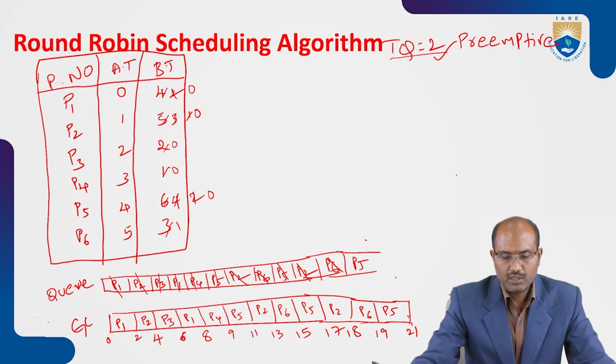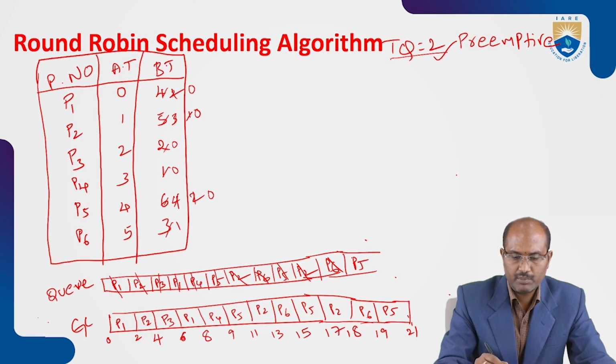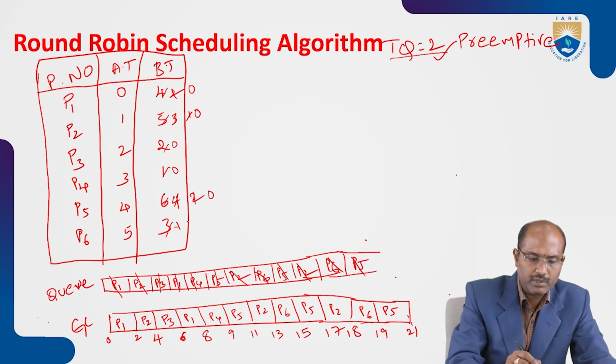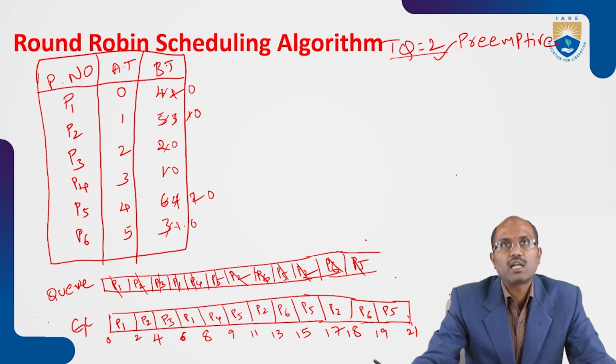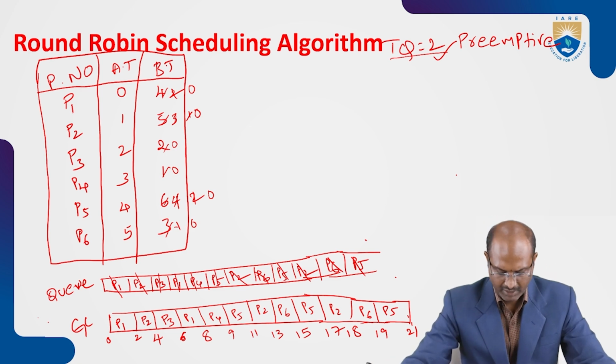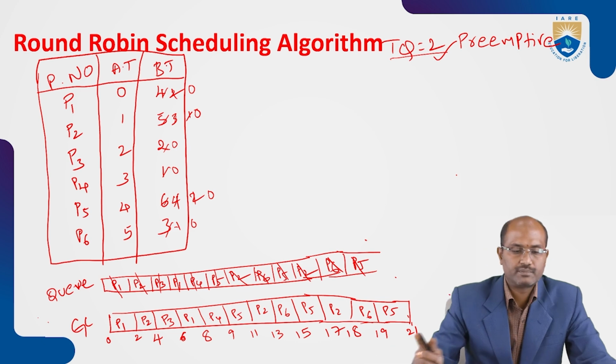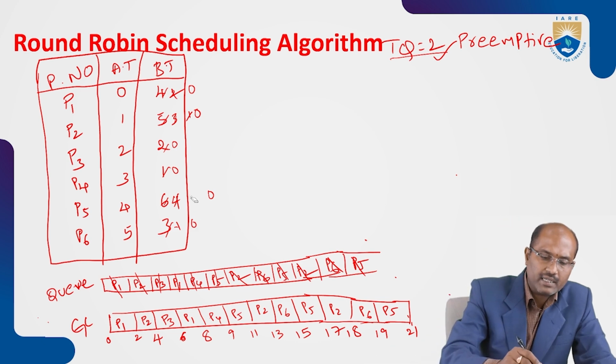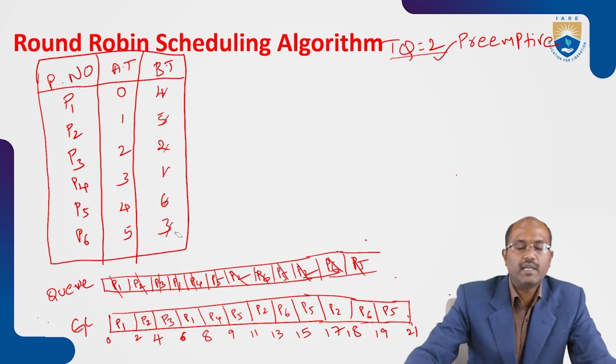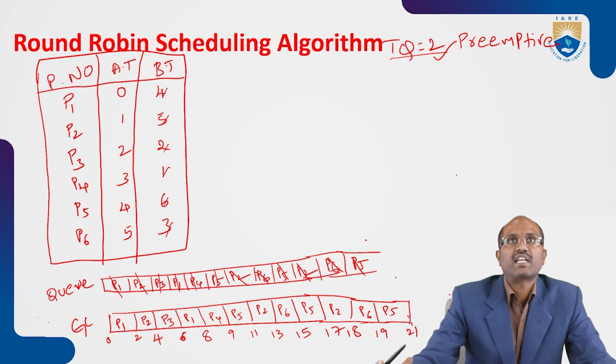So all are completed at 21 units of time. Now we calculate the completion time.